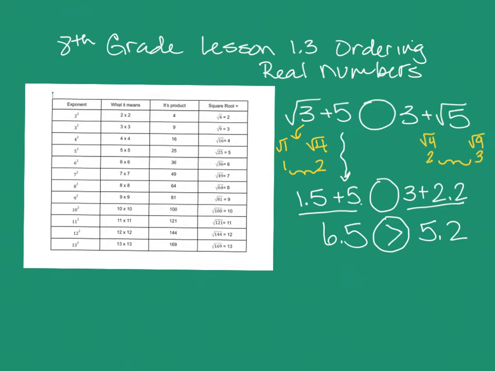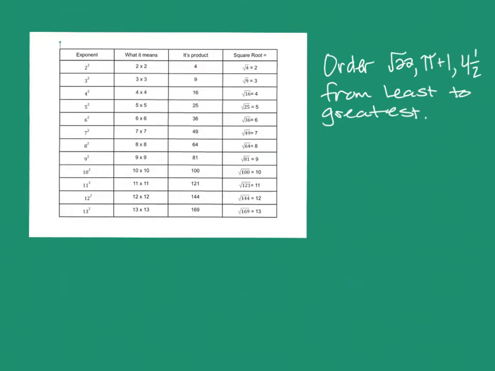So that's really all we're doing in that lesson, is comparing those after practicing the skill of rounding or estimating our roots. And then the other thing they're having us do, and again, it's just practicing the same skill, is ordering these irrational and rational numbers from least to greatest, or greatest to least, or whatever.